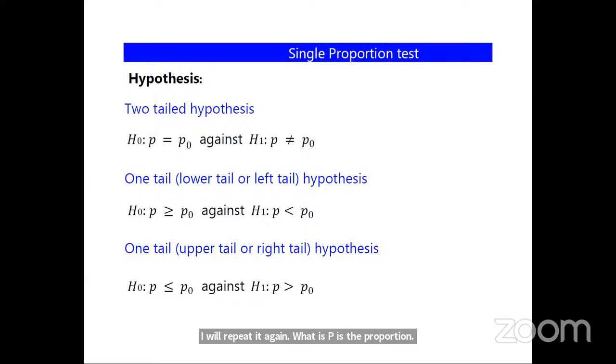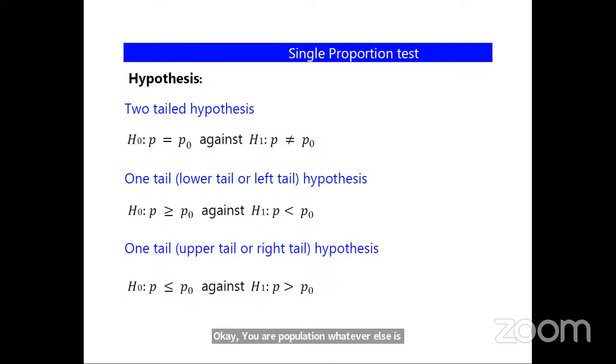Suppose you are testing whether the male and female proportion is the same in India or not. In that case, P will be 0.5, because you are testing that both are equally distributed. Proportion means the number with that characteristic divided by the total number in your population or sample.